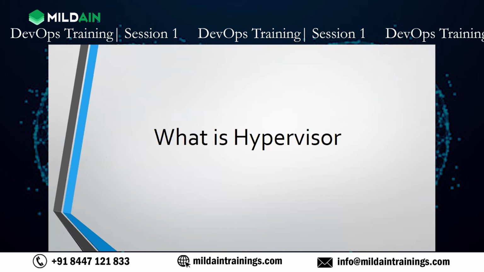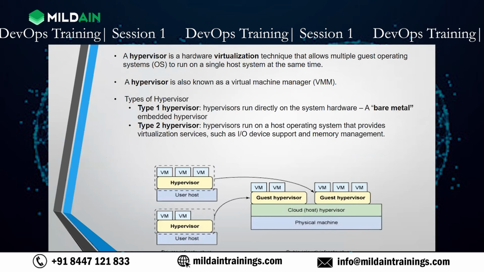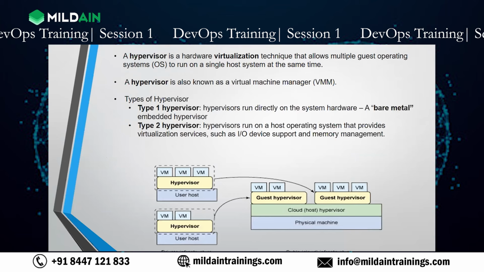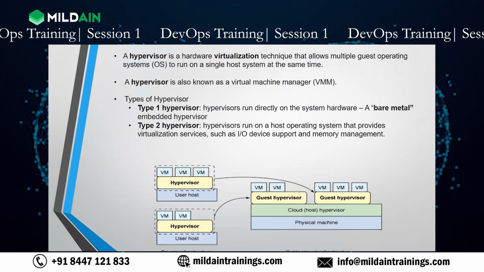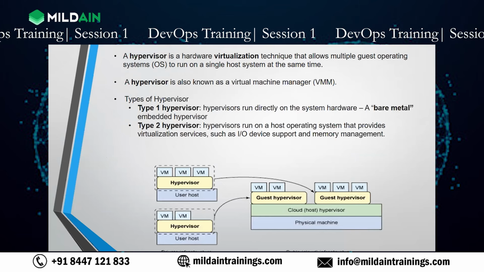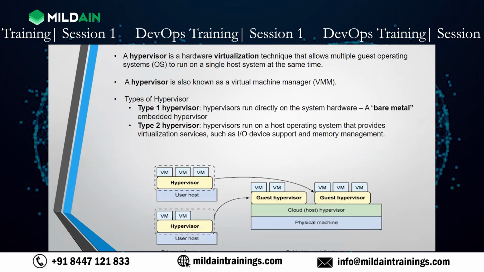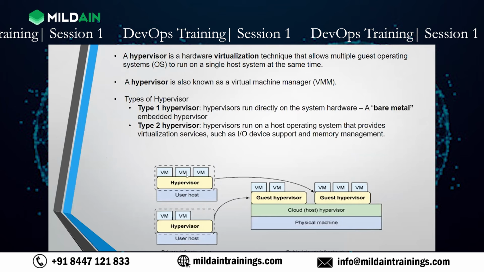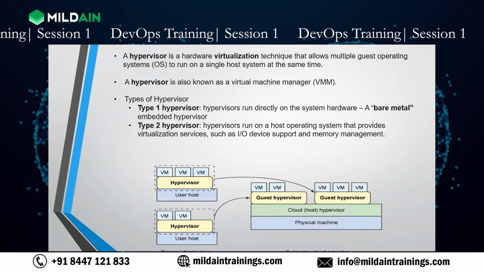Now, what is a hypervisor? A hypervisor works as a layer which allows multiple guest operating systems. In this figure we have different VMs, the user host, and a hypervisor layer.